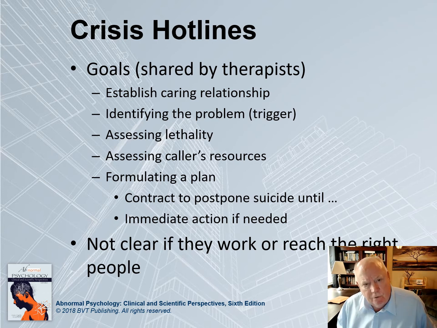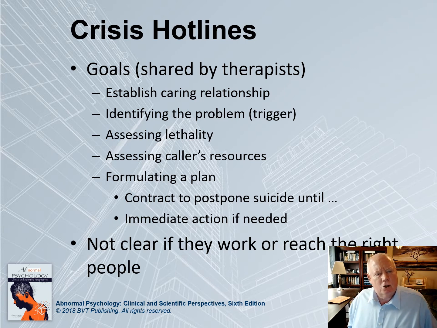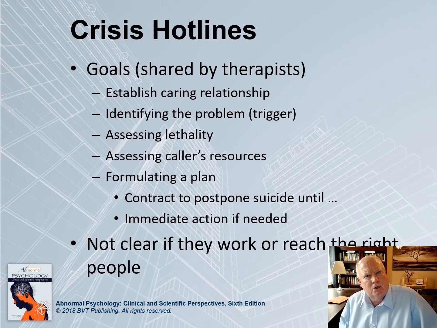Now, there are several processes that have been shown to be effective. For example, if they are thinking of killing themselves by shooting themselves and they have a gun, perhaps you can get them to realize it would be in their best interest to not have the gun in the house.